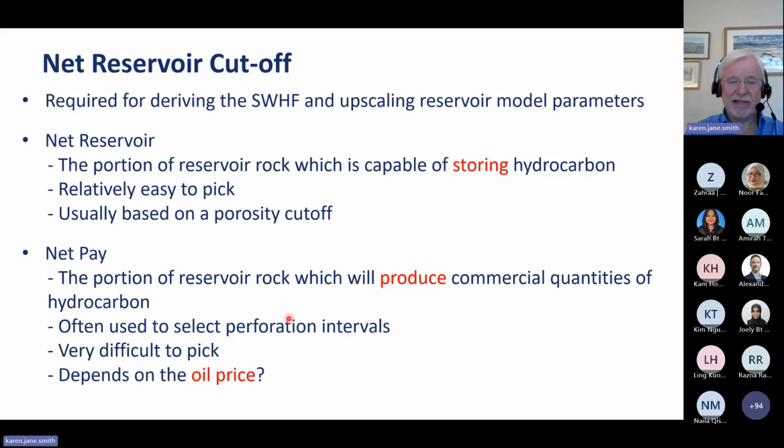And in actual fact, it will depend upon the oil price, because it would vary depending on how determined you are to produce the hydrocarbon, how many wells you drill, how you inject, and so on. So forget about net pay. For the reservoir model, we only need net reservoir, the portion of rock which is capable of storing hydrocarbon.